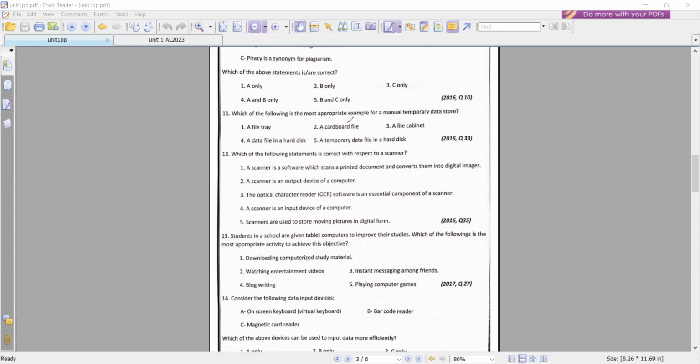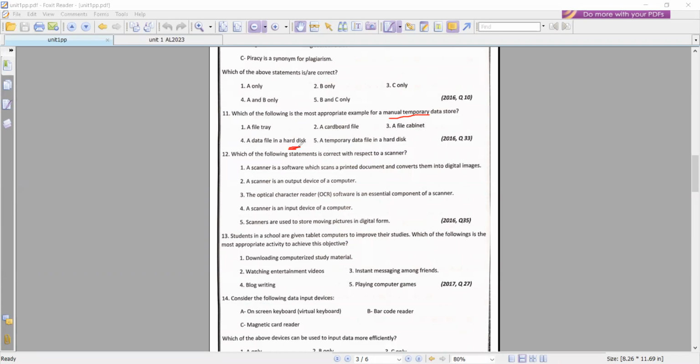Which of the following is the most appropriate example for a manual temporary data store? When you say manual, you are working without using computers, doing everything manually. File tray is manual, cardboard file is also manual, file cabinet is also manual.